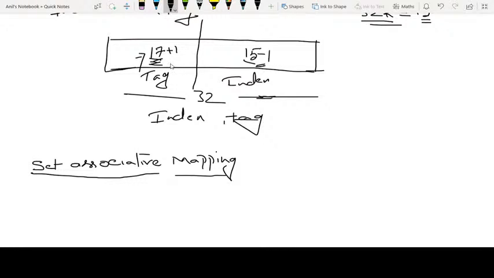So here the total number of digits for index is equal to 14 and tag is equal to 18. This is how you divide index and tag in a set associative cache.